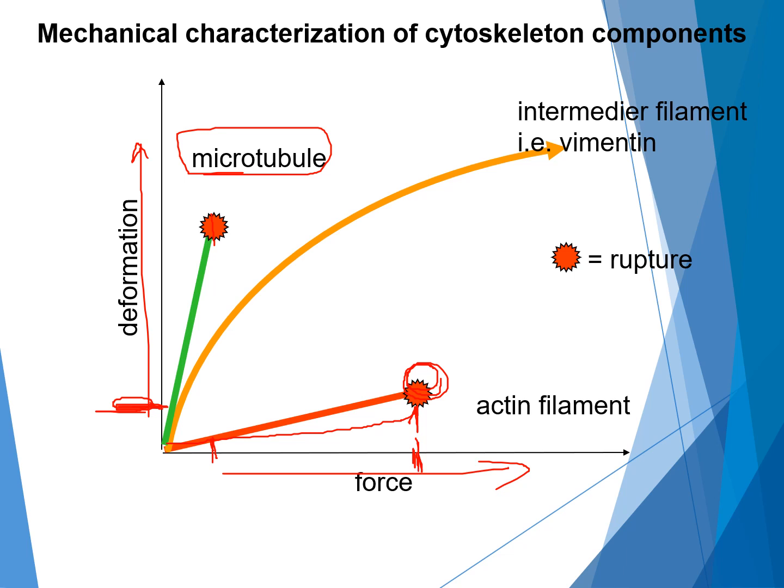While the vimentin, the intermediate filament, has some flexibility, and as you can see, there is no event of rupture. It shows that my intermediate filament is much stronger compared to the microtubule and also the actin filament.